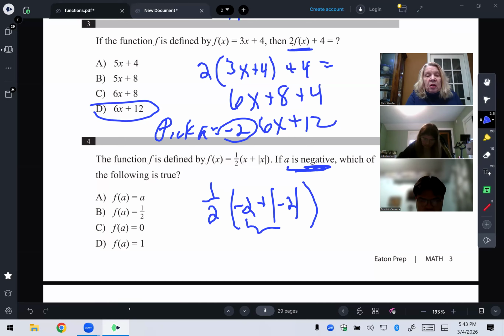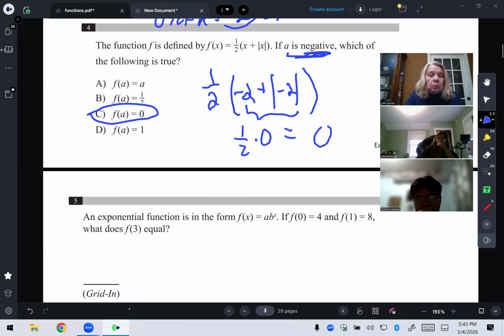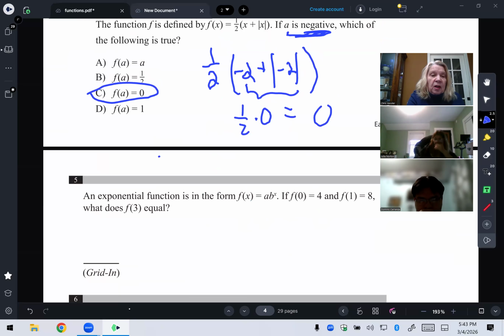So this will go to 0, and 1/2 of 0 is 0. Thank you, College Board, for 10 points. Is that good, Julie? Dominic, we're good with that one? Okay. Now this is a harder page.